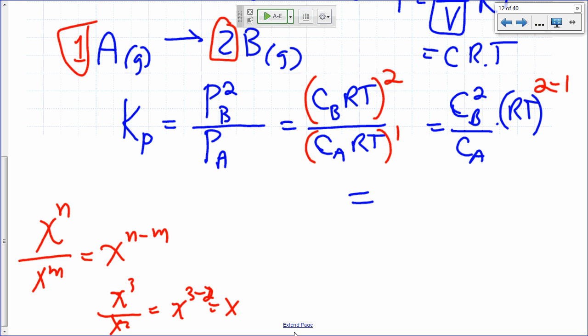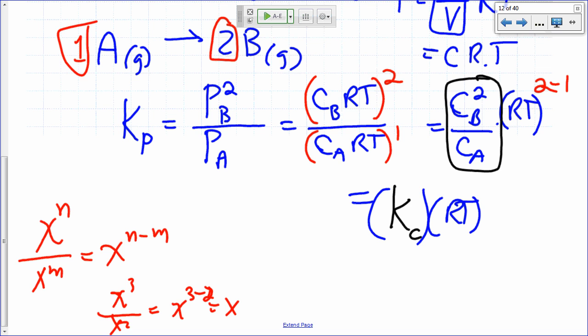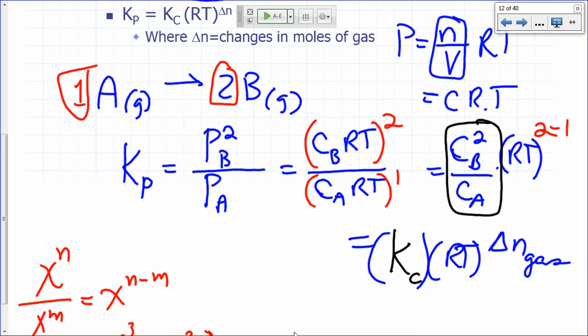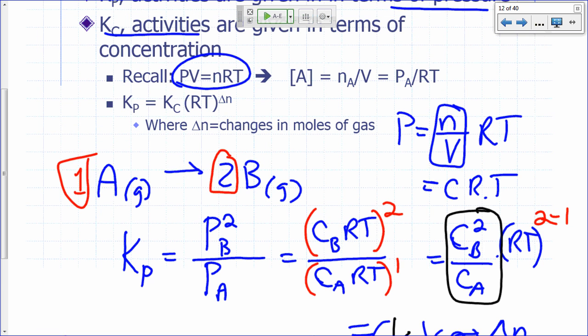Okay? So this thing right here, concentration of B squared over concentration of A, that's just Kc. Okay? So Kc times RT raised to the power 2 minus 1 is what we would call the change in the moles of gas when you carry out the reaction. Okay, so Kp will just be equal to Kc times RT raised to the power delta n gas.